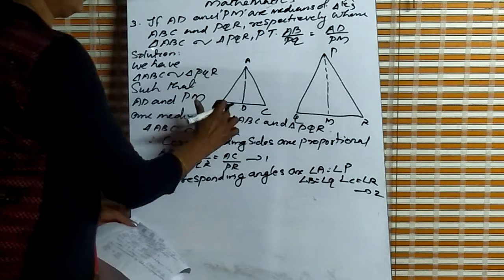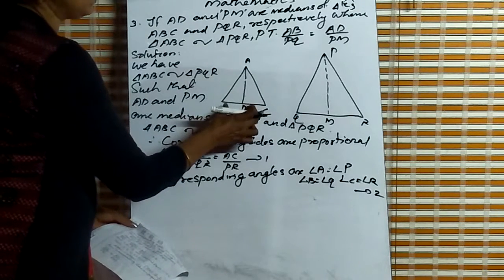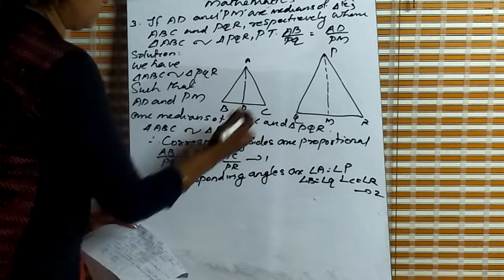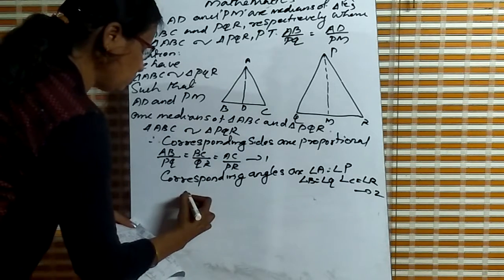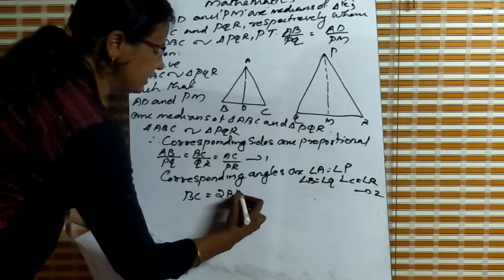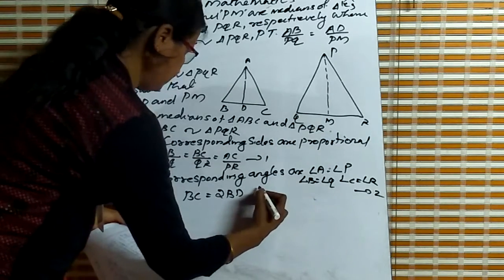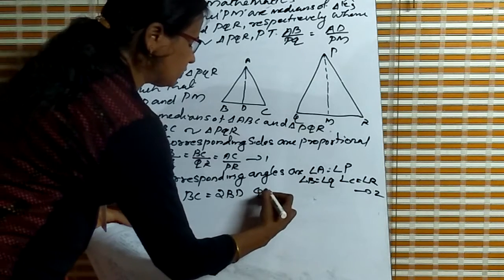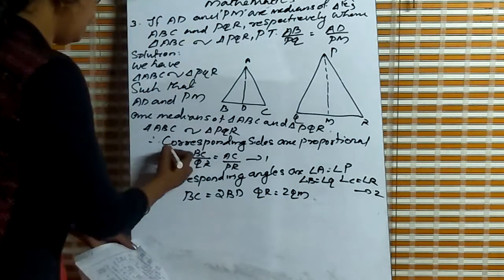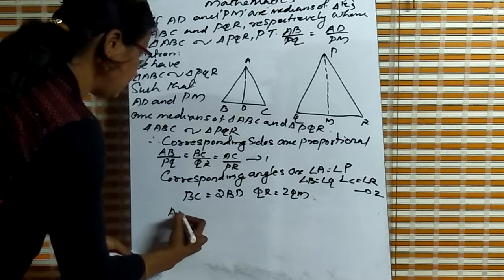Then here median divides this side into two equal parts. So BC is equal to 2BD and QR is equal to 2QM. Substitute the value in one.